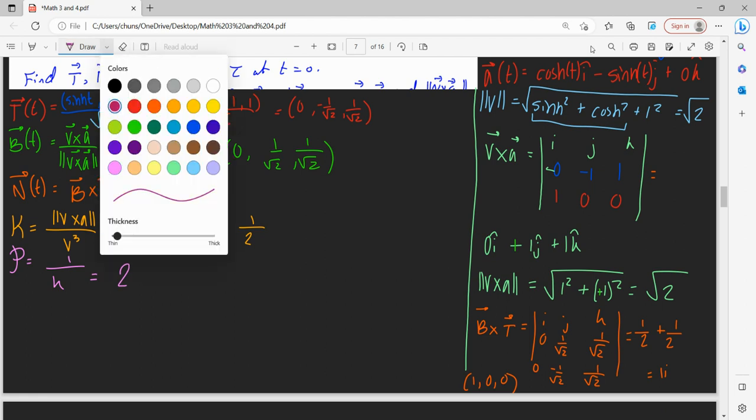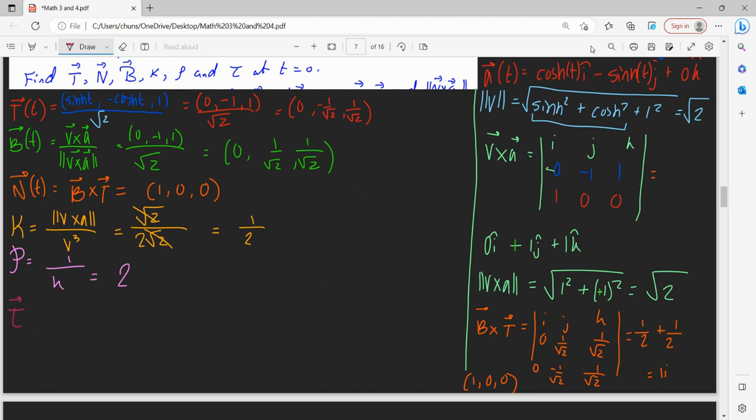And finally, torsion, which is equal to, so we're going to have to do one more operation. This is v cross a, dot product with da over dt, over the magnitude of v cross a squared.